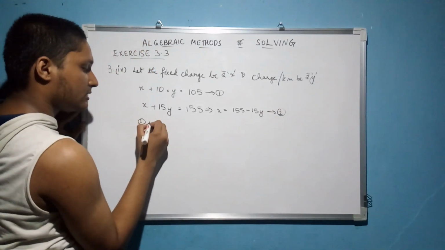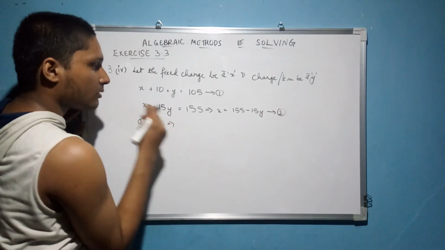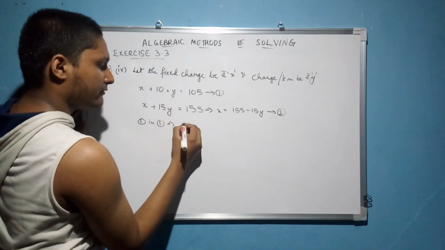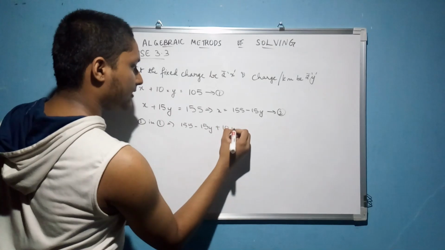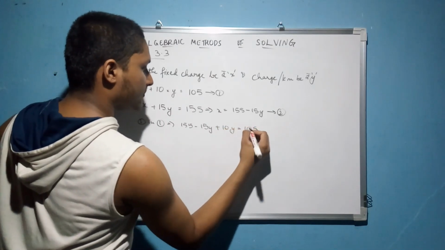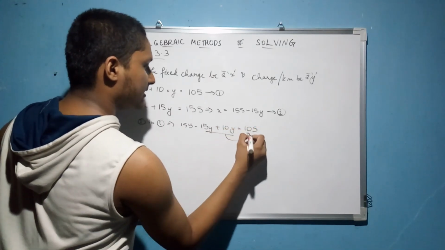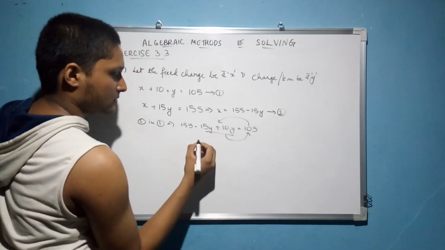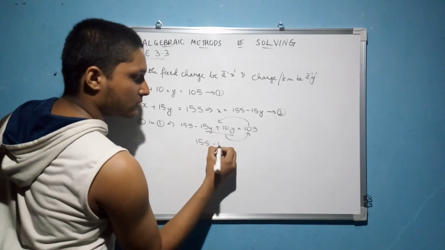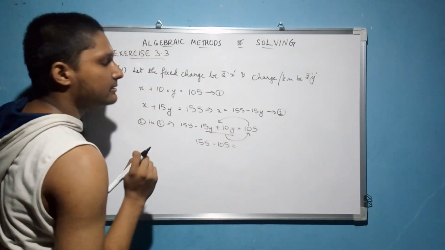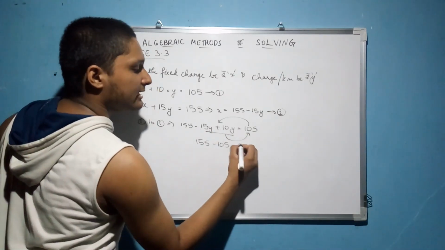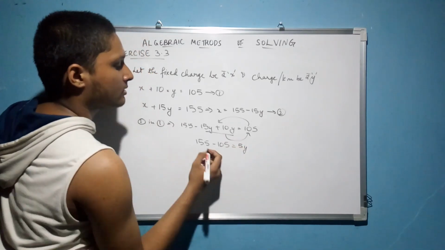Substituting the second equation in the first equation, I get 155 minus 15y plus 10y is equal to 105. I'll take these two terms to the right hand side and bring this here. This becomes 155 minus 105 is equal to minus 15y plus 10y, that is minus 5y. When it goes to the right hand side, it becomes 5y.